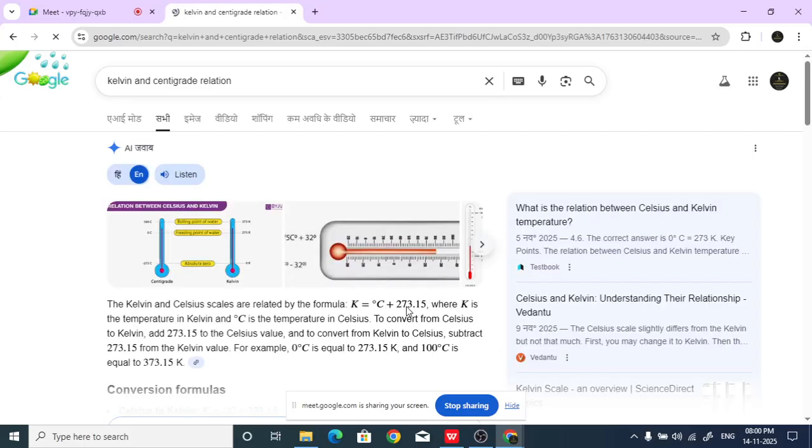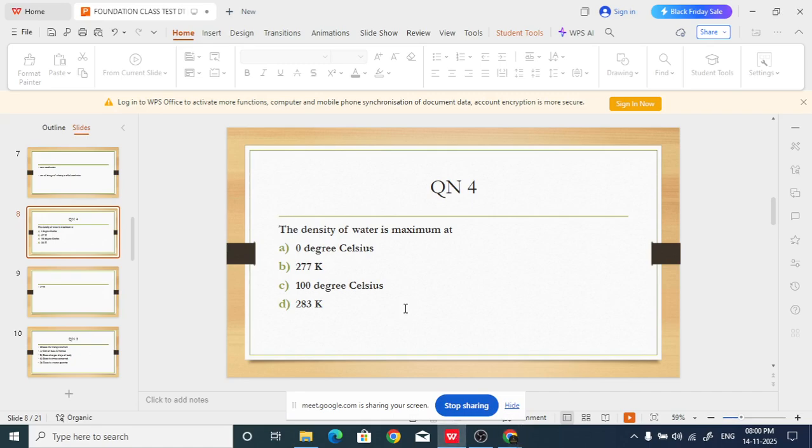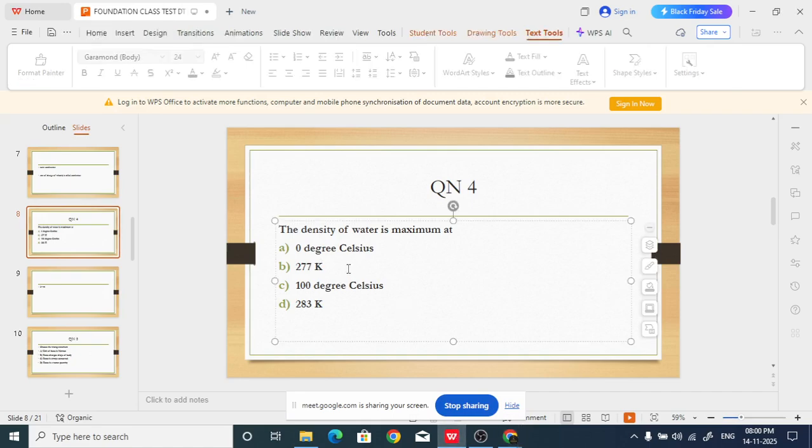Kelvin equals 273 plus C, that will be the Kelvin. If you want to calculate Kelvin, if you know C, suppose 10 degree centigrade means Kelvin is 273 plus 10, like that. So 0 degree Celsius means how much?